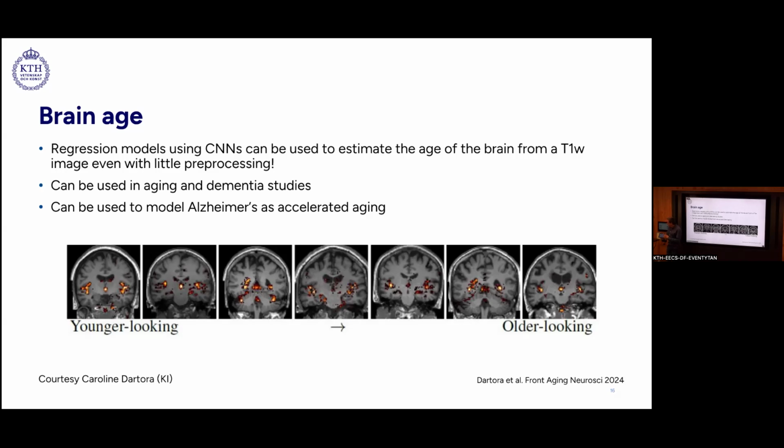But the main modeling of this idea is that Alzheimer's can be seen as an accelerated aging. And our question was, is it true that this is the only factor determining Alzheimer's?